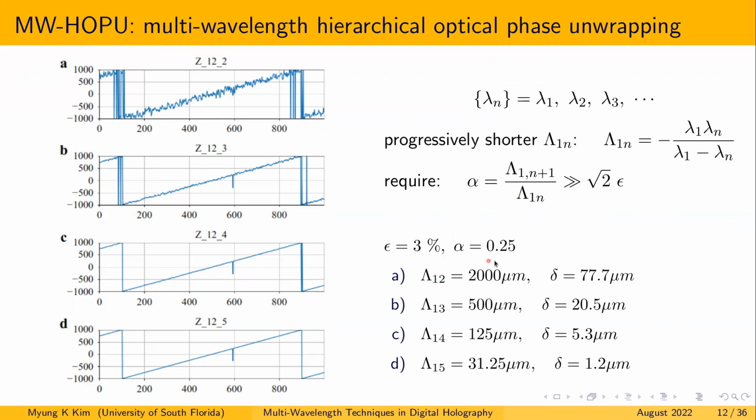Here we start from lambda 1,2 equal to 2000 micron and go down to 31 micron using 5 wavelengths. The noise is reduced from 78 micron to 1.2 micron.